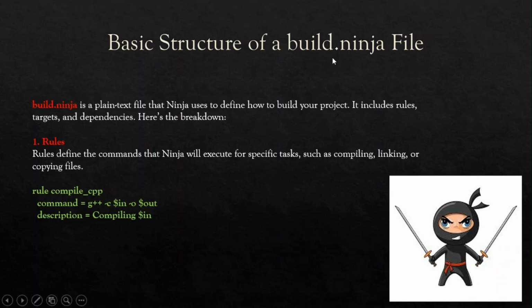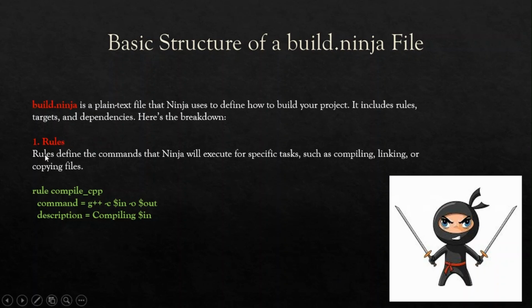All the Ninja instructions are written in a file having the extension dot ninja. It's a plain text file that Ninja uses to define how to build your project. It's just a normal text file with the extension dot ninja, and Ninja uses it as a rule book, to see what work it has to do. It includes rules, targets, dependencies, all those things.